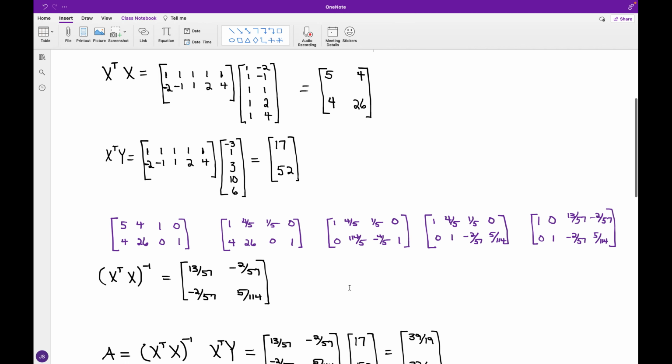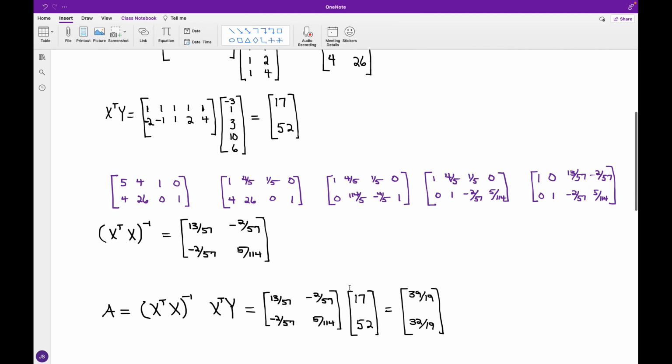And then looking at the coefficient matrix A, we're going to get through the middle once again. So you have the just attained inverse of the product of the transpose of X times X, this same 2 by 2 matrix, multiplying by the matrix resulting from the transpose of X times Y.